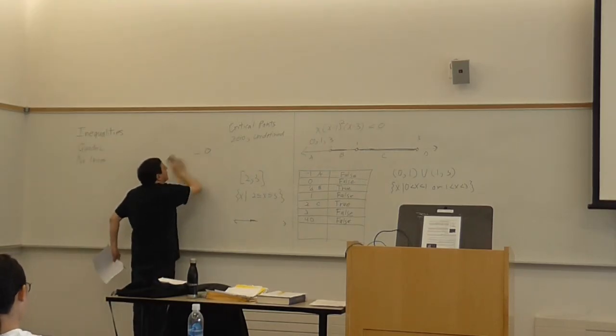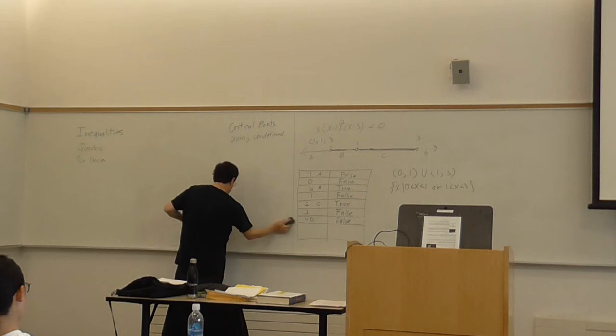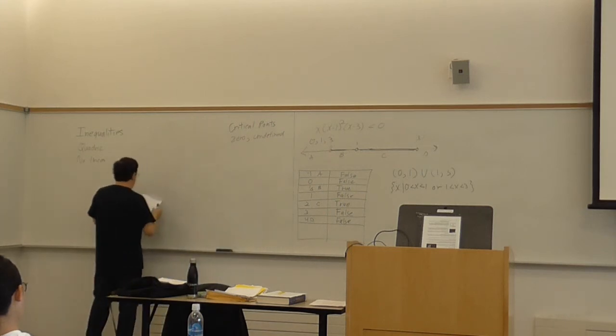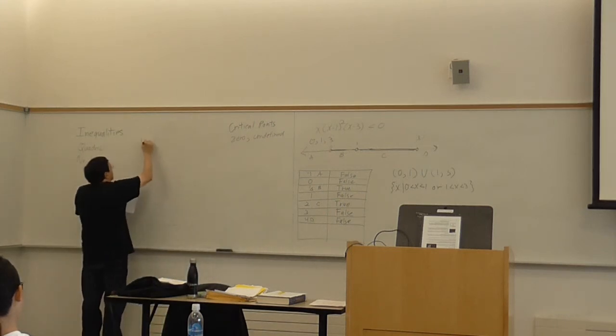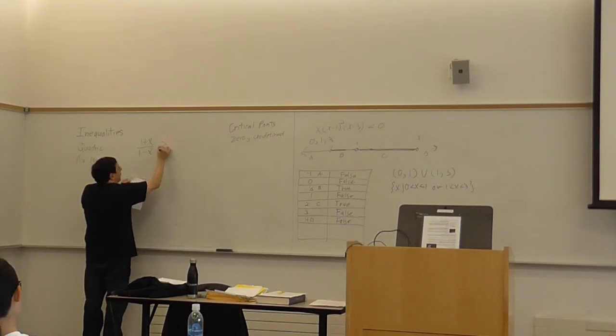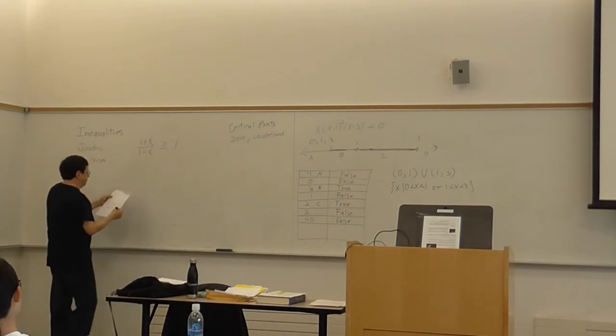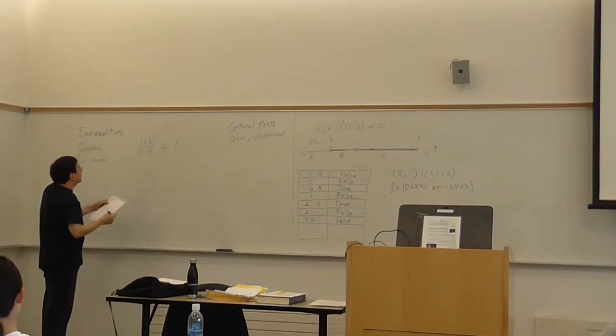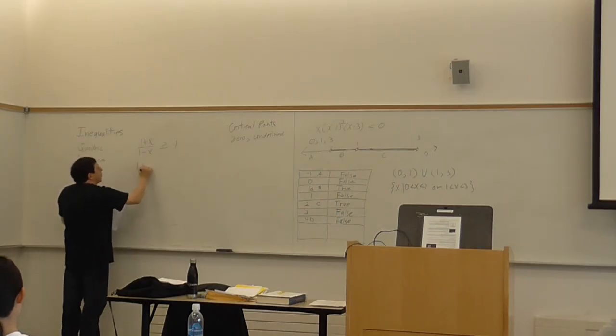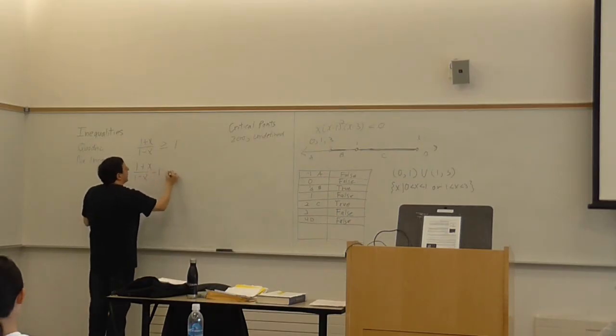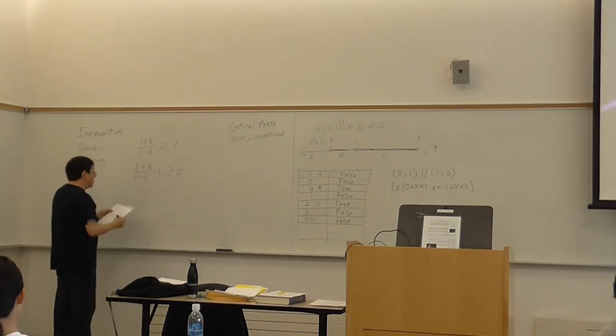One more problem here, like this. Here we have a rational expression, 1 plus x over 1 minus x greater than or equal to 1. Subtract 1 from both sides: 1 plus x over 1 minus x minus 1 is greater than or equal to 0.